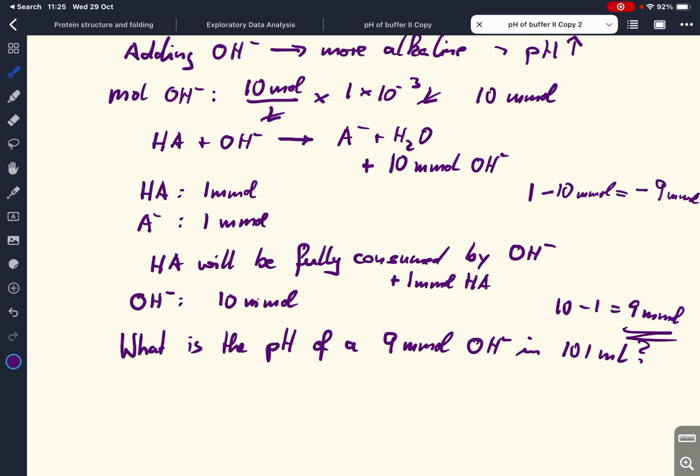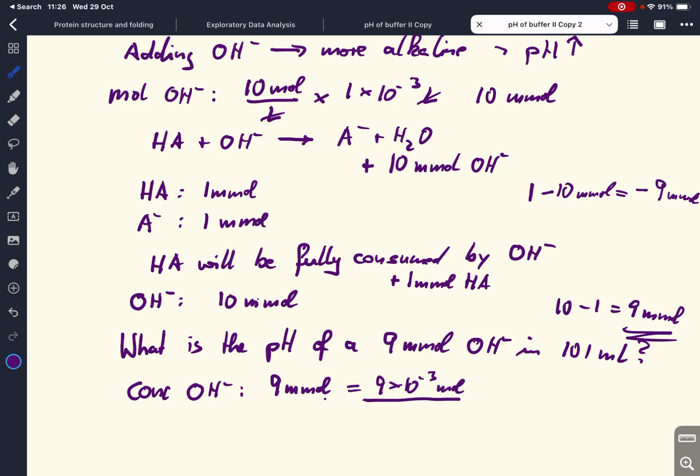So how do we do that? We simply calculate the concentration of the OH minus that we've got left. So we've got 9 millimole, or 9 times 10 to the minus 3 mole.